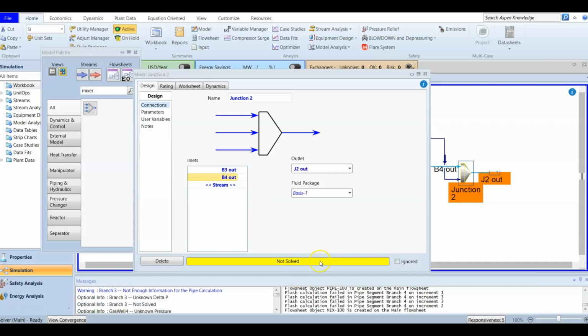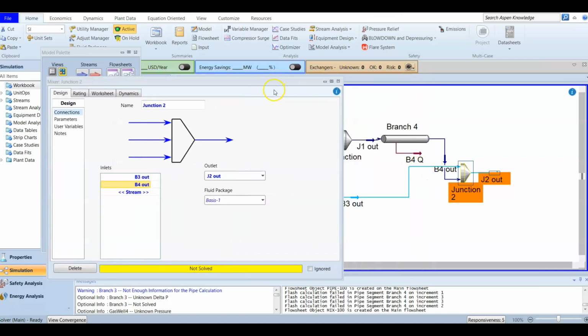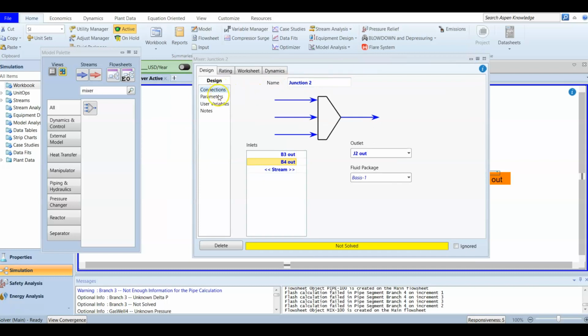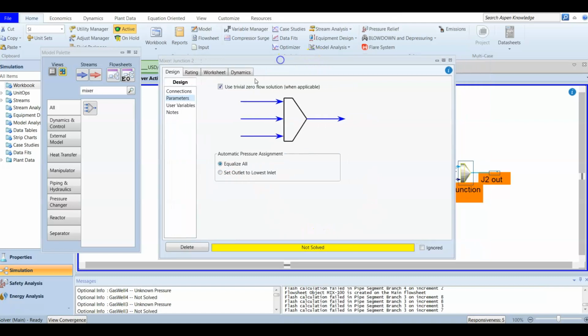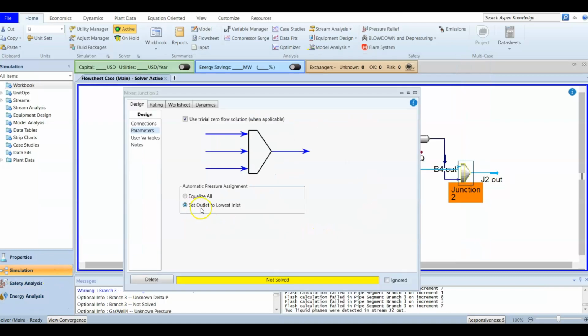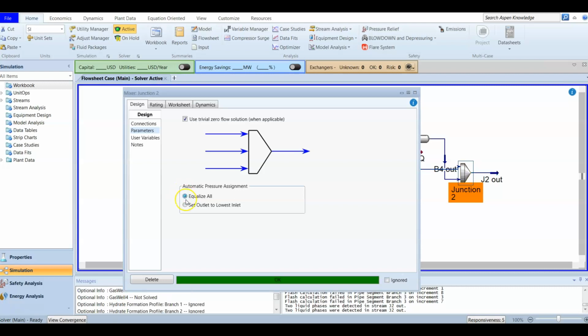Now it's not solved because one of the streams is not defined. To solve it, you go to parameters and equalize all. Now we have equalized all the streams. Make sure you have checked equalize all, because sometimes Aspen itself switches between the two.